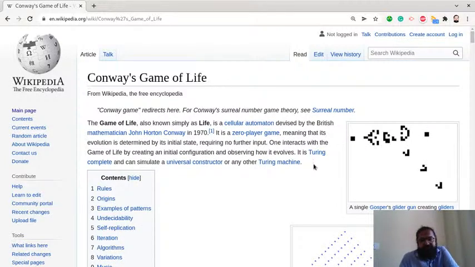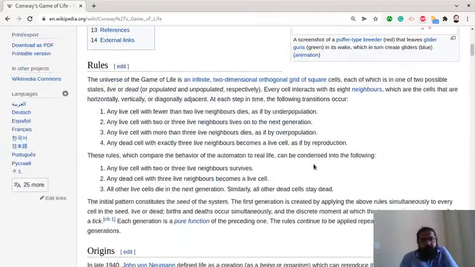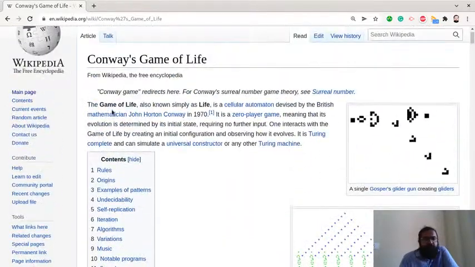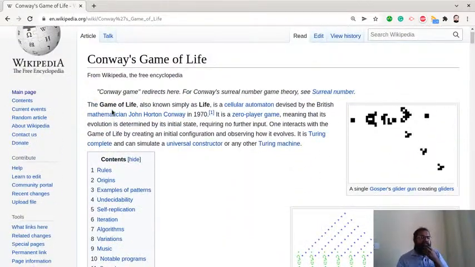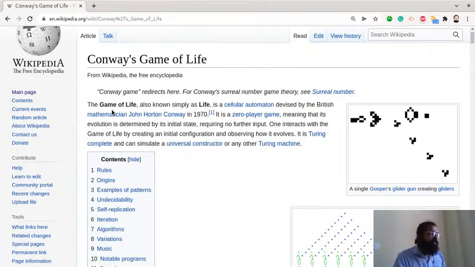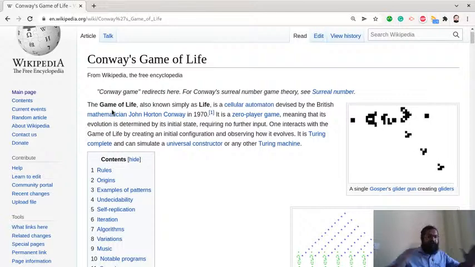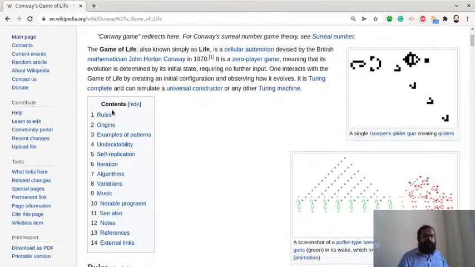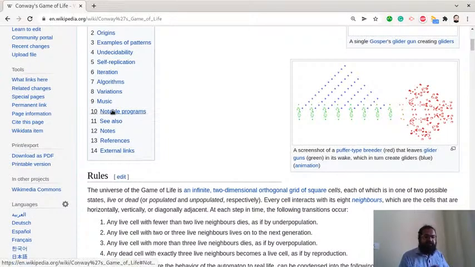Okay, so you can see that if you look at the rules of the game. What you need to understand is that in this Game of Life, you have a two-dimensional grid, and in each grid square you can place a cell.